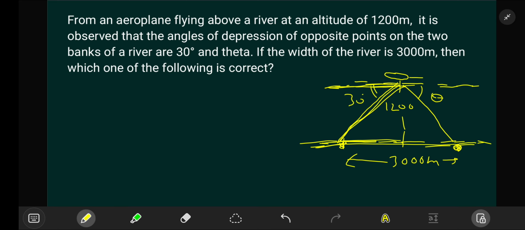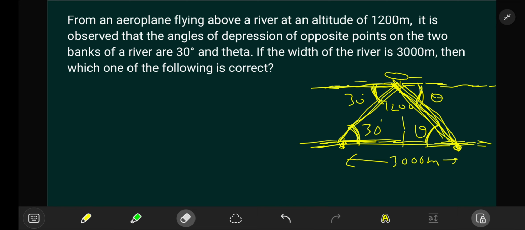So this is the perfect horizontal, and the angles also we will always take with respect to the horizontal. So this angle of depression is 30 degrees, and so this angle also will be 30 degrees when a line passes through both parallel sides. So this angle will be equal to this angle. So this theta is also one line passing through the both parallel lines. So this angle is equals to this interior angle.